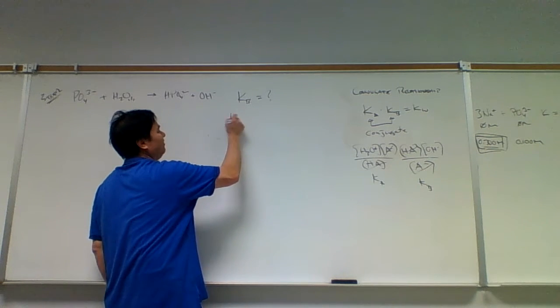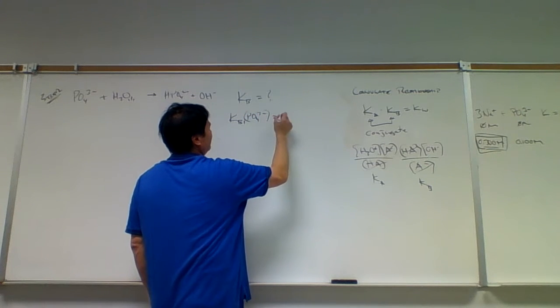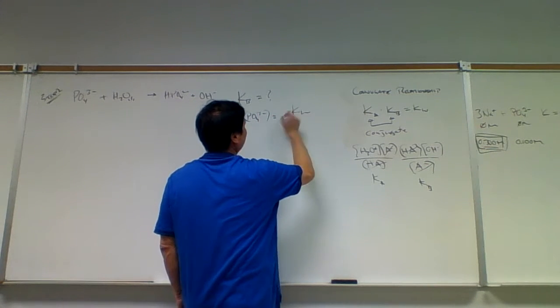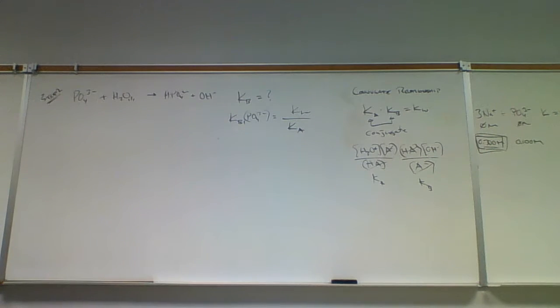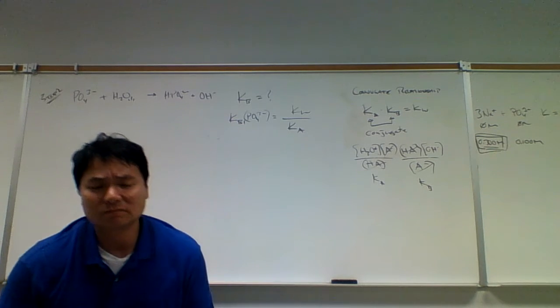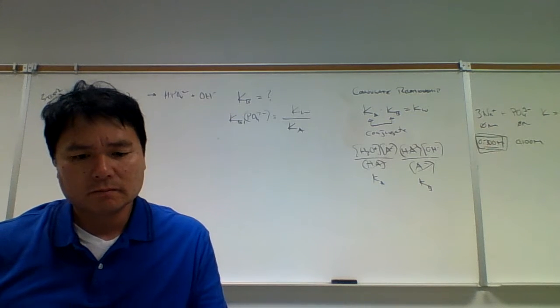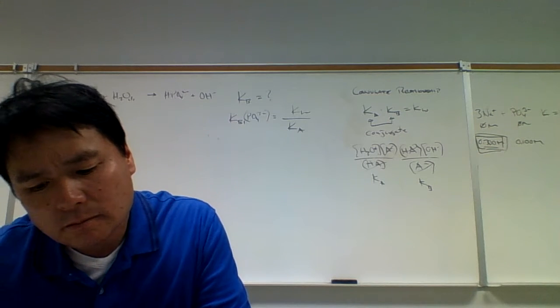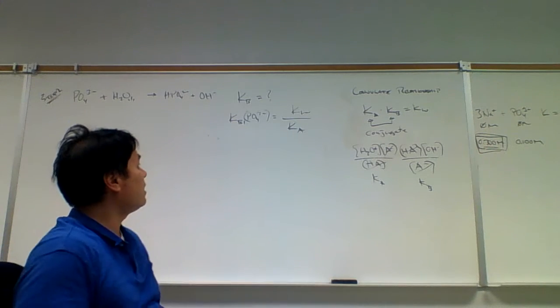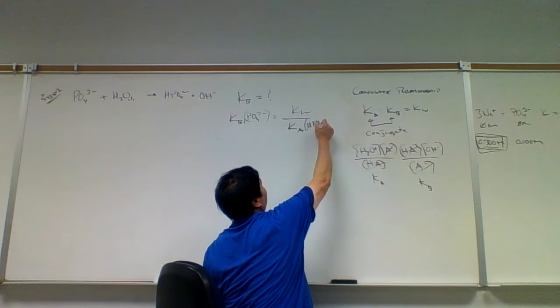This is Kb1 for phosphate, which is going to equal Kw over the Ka for the, what's the conjugate acid of phosphate? Conjugate acid of phosphate is monohydrogen phosphate.